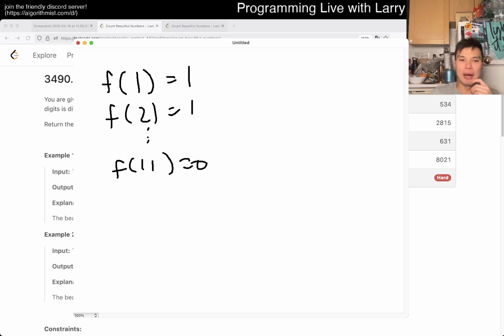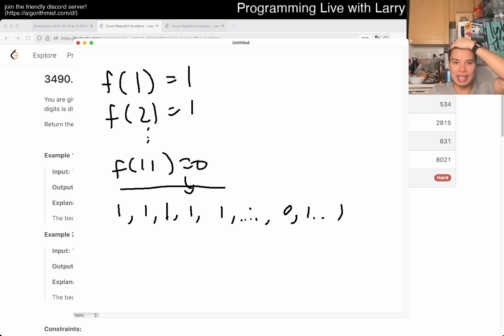And so here, if you want to write this out as an array, you can think of this as 1 1 1 1 1 1 1, dot dot dot, maybe some zeros, some ones, dot dot dot. And then the idea is just to get a prefix sum. So if you aggregate this, then you have 1 2 3 4 dot dot dot, regular prefix sum stuff.